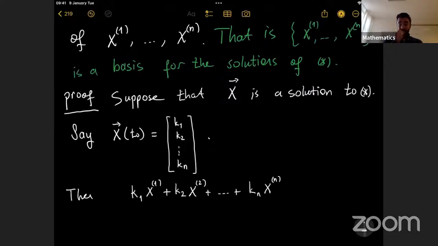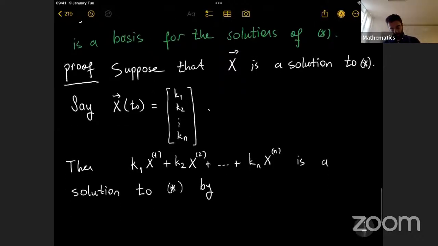We know that this is a solution, of course, right? Because of the principle of superposition, any linear combination is a solution of the system as well. So this is a solution to star by the principle of superposition.